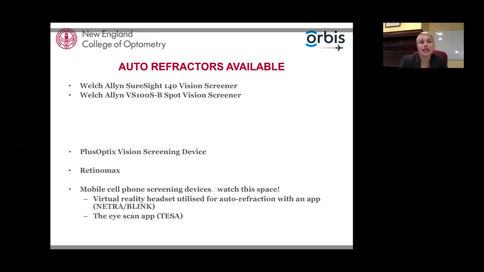If a device-based screening is chosen, so you have community leaders mainly doing the screening, then we need to choose an autorefractor. We have the Retinomax and SureSight Vision Screener, and they were really identified by the VIP study and Cotter in 2015 as superior devices for identifying refractive error in children specifically.